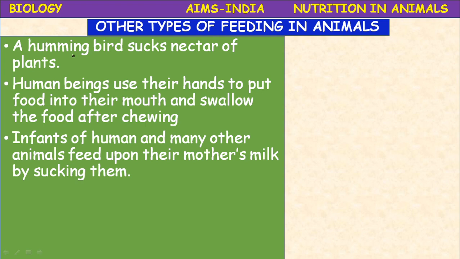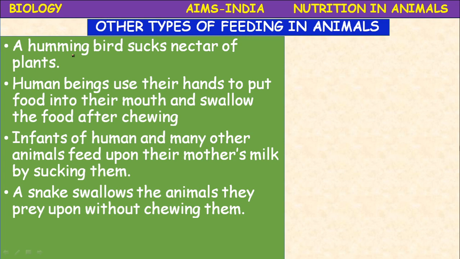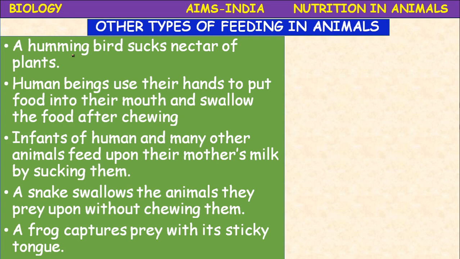Infants of humans and many other animals feed upon their mother's milk by sucking. A snake swallows its prey without chewing, swallowing the entire prey. And a frog captures the prey with its protrusible sticky tongue.